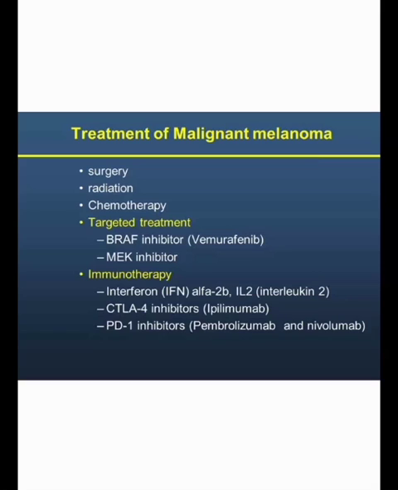So if we inhibit it, the rapidly dividing cells will be stopped. If we are inhibiting the BRAF proto-oncogene, the rapid growth of the cells can be stopped. So that's why we are giving this targeted therapy or targeted treatment.